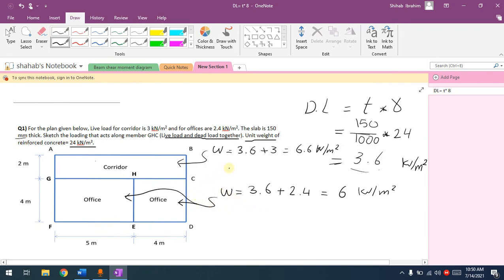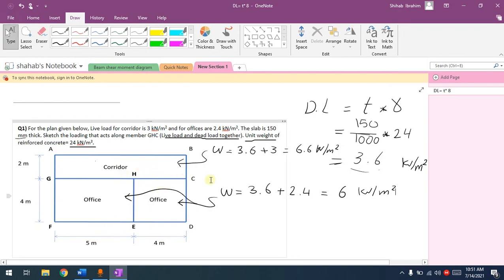Remember, that's what happens in real life when you're calculating dead load and live load. You remember from the tables that we're collecting live load, depending on the occupation of the building and the usage of the room, live load is changing. That's why I brought this example to be somehow close to practical calculation, and you will see how we deal with different types of slabs in this manner.